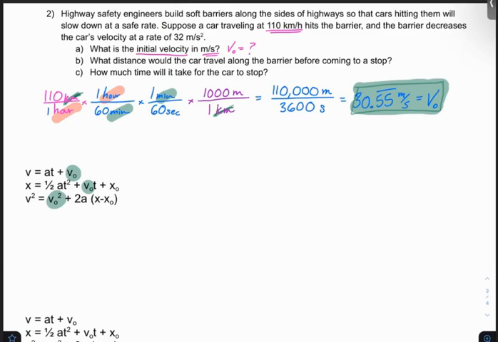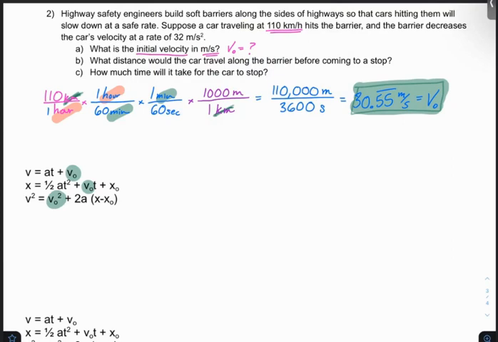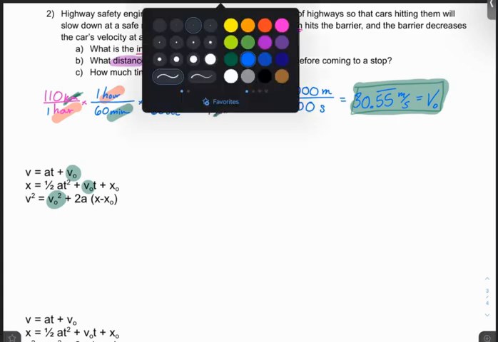And let's read what I'm trying to figure out. What distance would the car travel along the barrier before coming to a stop? So I'm trying to find distance. If I'm trying to find distance, then I'm going to need an x or an x naught.